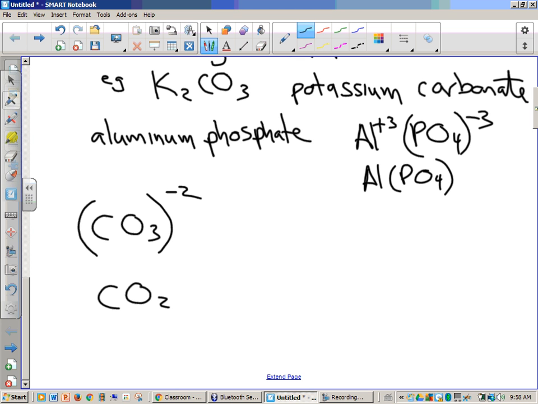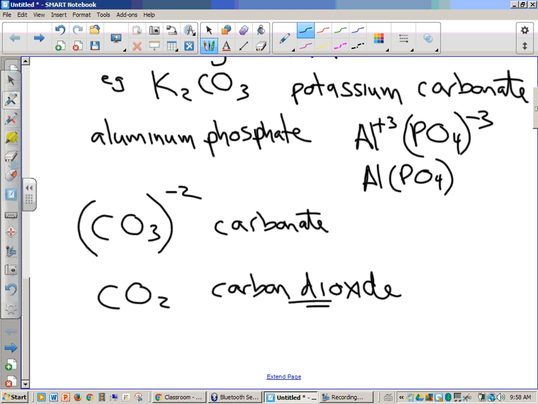Remember, ions are charged. So when you have a group of atoms that has a charge, you don't use that di and that tri. It simply has its own name, carbonate. So this thing is a carbonate. And this is a carbon dioxide, like we learned yesterday, di. The reason for that has everything to do with the charge. If it's a charged thing, we don't use those rules anymore. It has its own name.